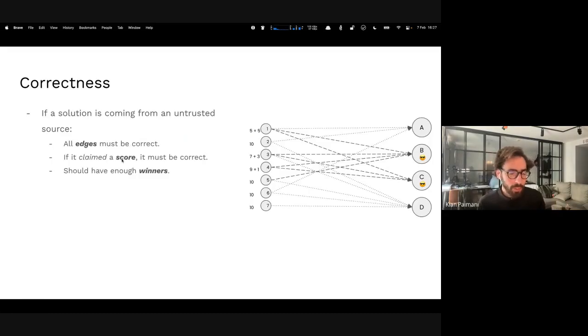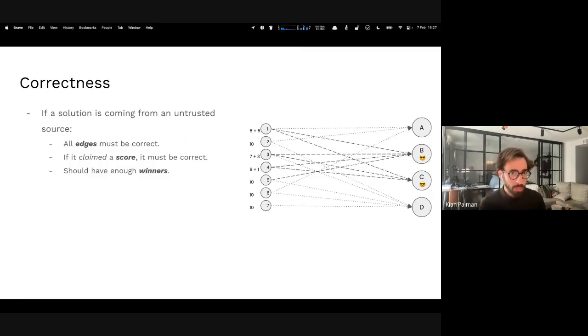The next thing is that quite often we want these untrusted solutions to claim a score in advance. So we receive a solution, and we don't want to go over it, check everything and compute its score, the score that I explained earlier, on the fly. We want it to claim a score, and we assume it's correct. At the very end, we check if it's actually correct.